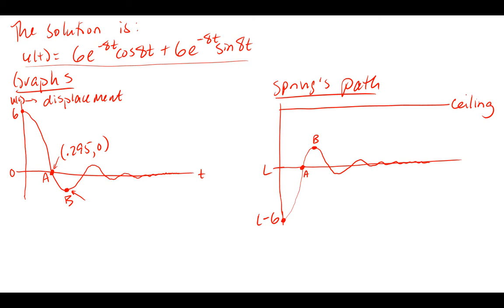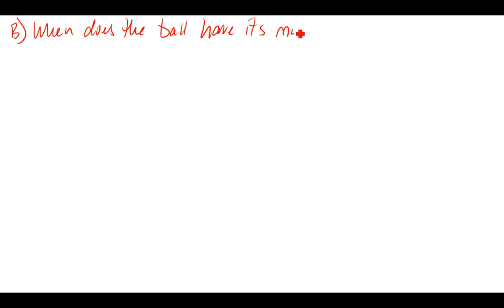So how do I figure out B? Let me pose this to you. I'll ask this the way the book does. When does the ball have its most extreme displacement after equilibrium?